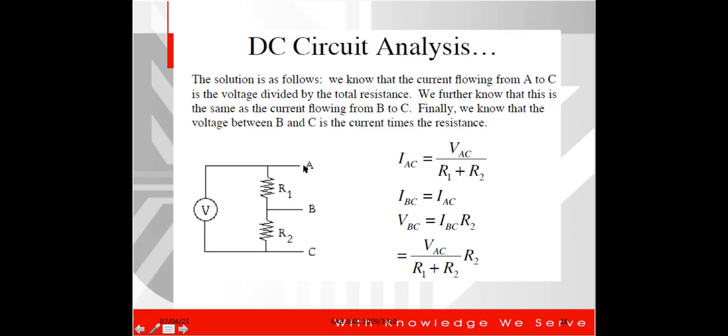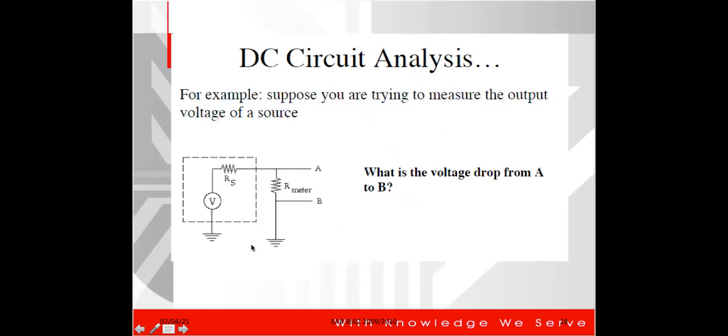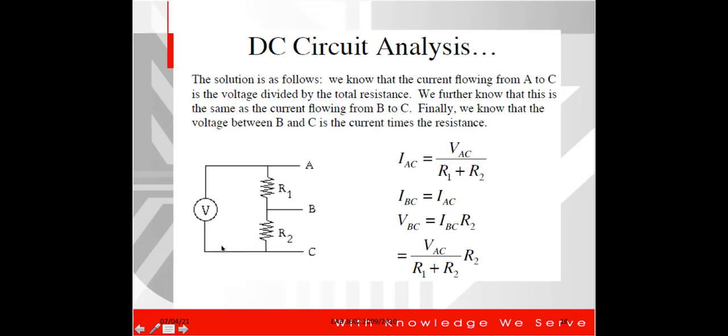The point here is A, the point here is B, the point here is C. If these are not there, you only have V and the circuit with R1 and R2. It's a very simple circuit with only two resistors, R1 and R2, in series. So the total R is R1 plus R2.